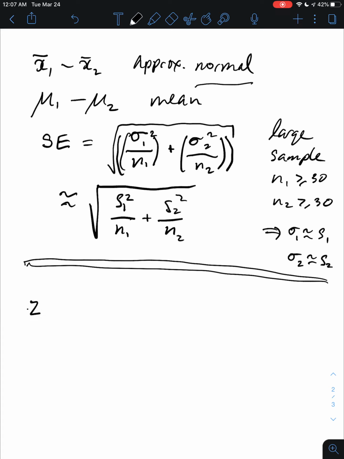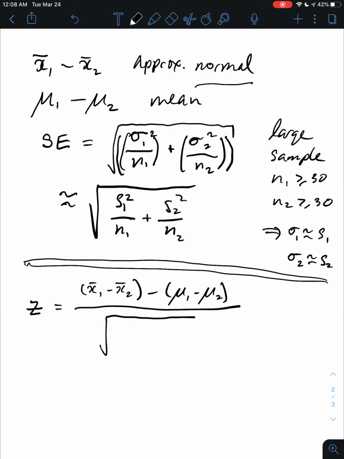In other words, we can calculate a z-score, and that is the measured value of the difference minus the theoretical population value for the difference. And we divide that by the standard deviation of our distribution, which in this case is the standard error.